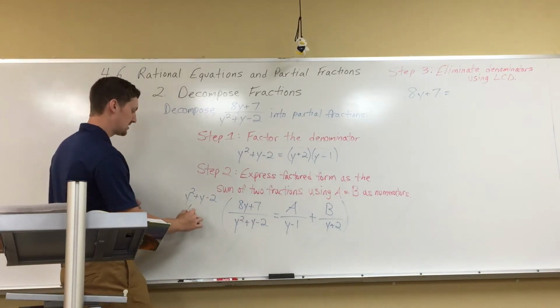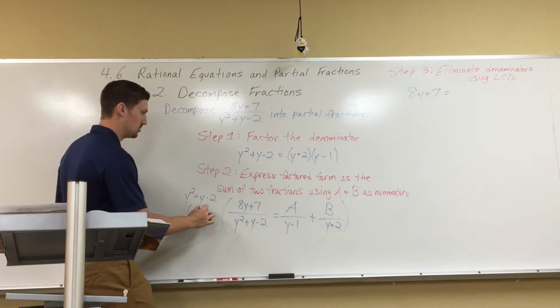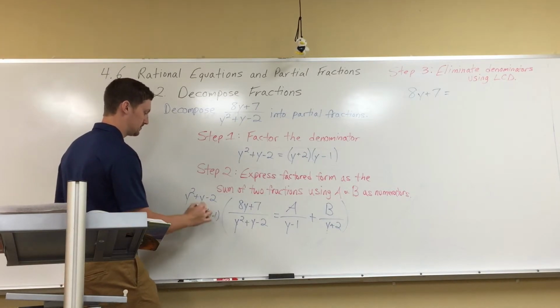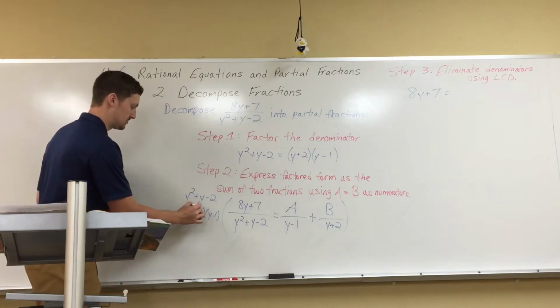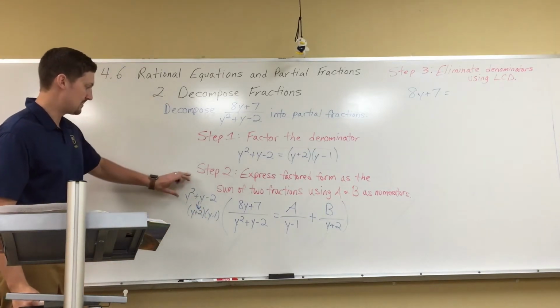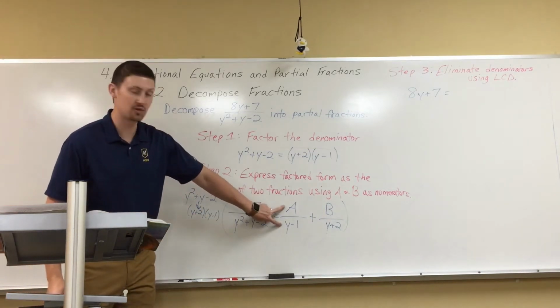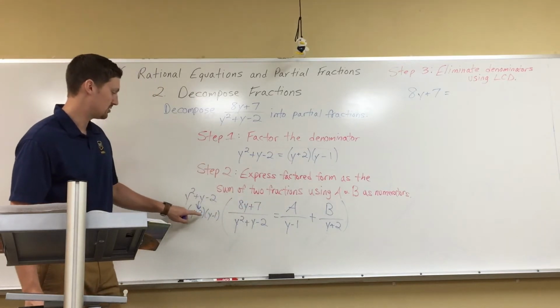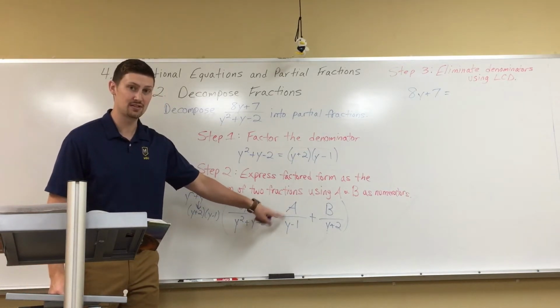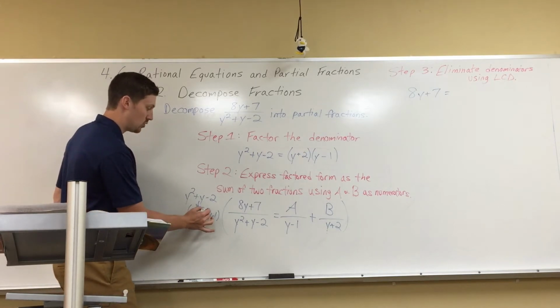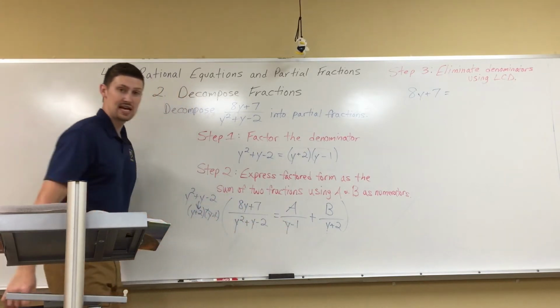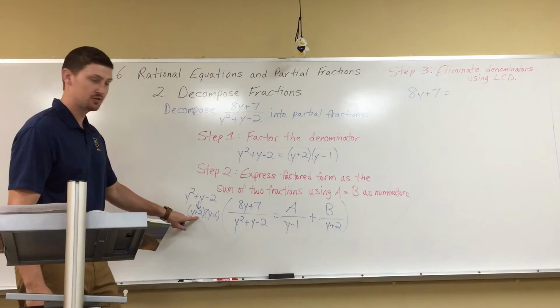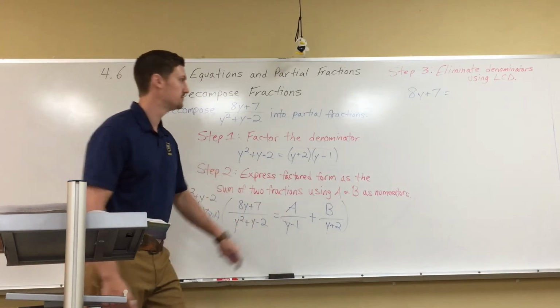What did we say this was as factored form? (y + 2)(y − 1), right? So what happens when I take this times this first term on the right side here? The y − 1's cancel, and I'm left with this, (y + 2) times A.